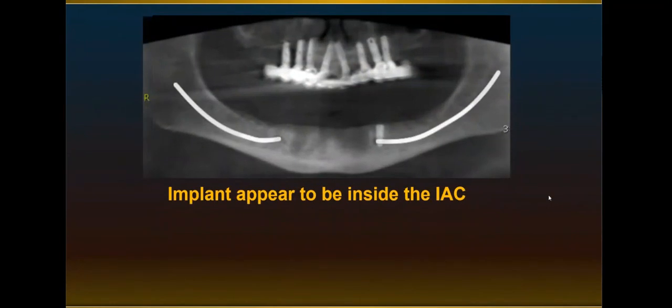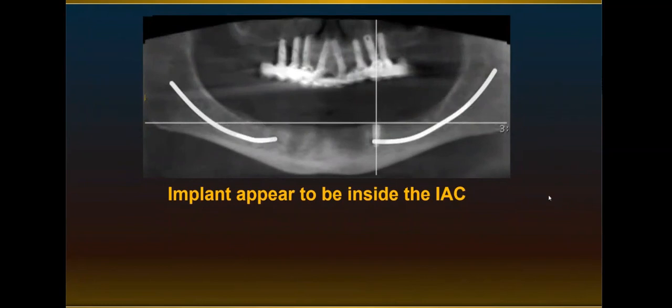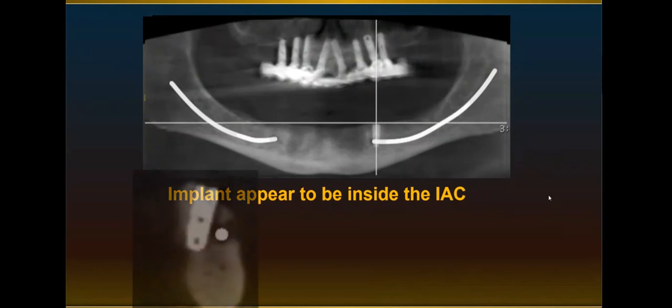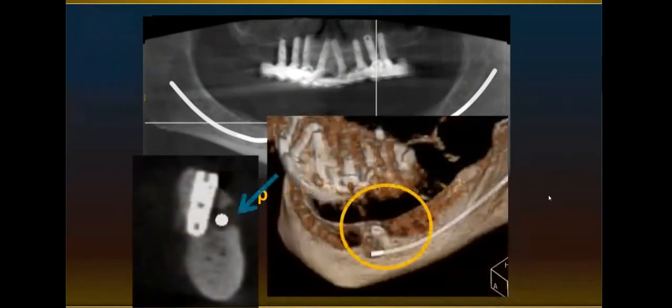So when we take a cross-section to see this canal and the implant from the buccolingual dimension, we can see that the implant did not injure the mental foramen or the nerve, although it's not in a good position. But at the end of the day, what we got from the panoramic image is totally different than what's happening in reality.